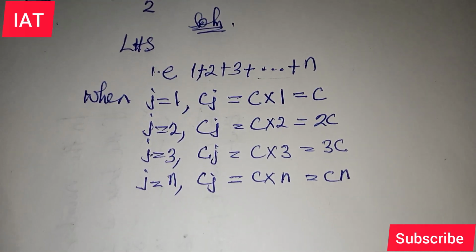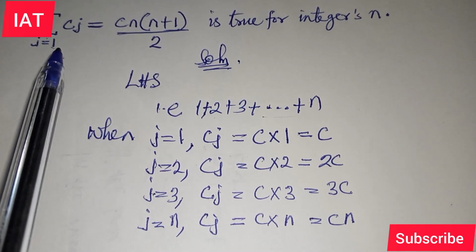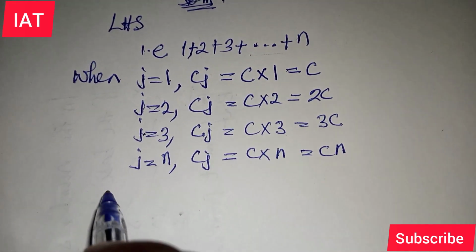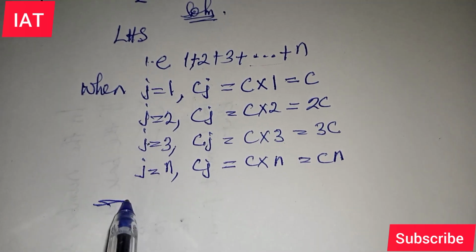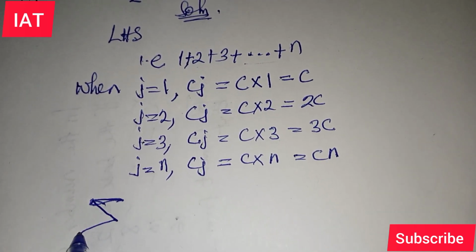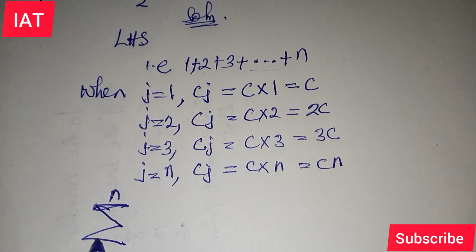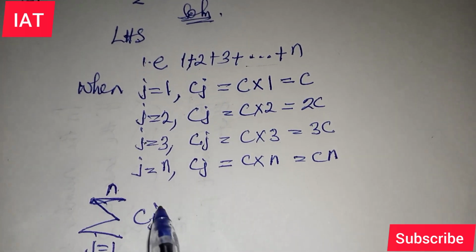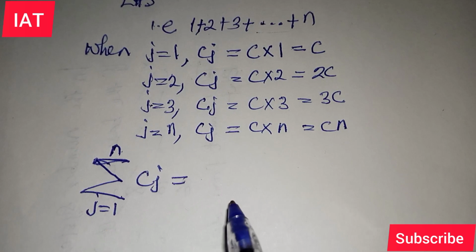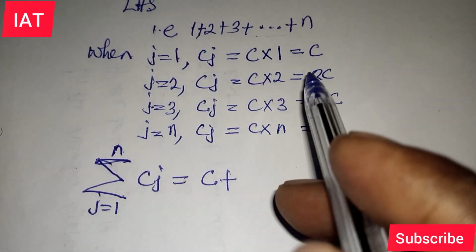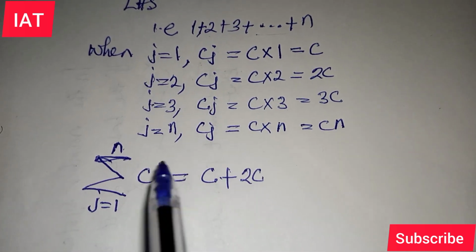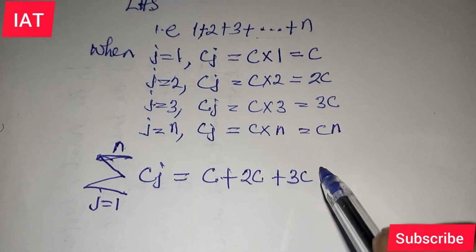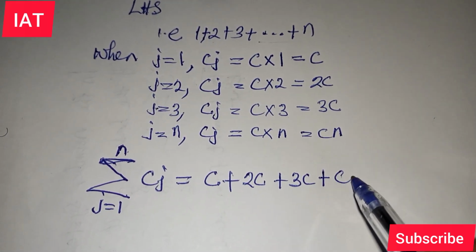Alright, so considering the left hand side of this given statement, this implies that this sigma notation, which has j equal to 1 up to n of cj, will be equal to c plus 2c plus 3c plus cn.